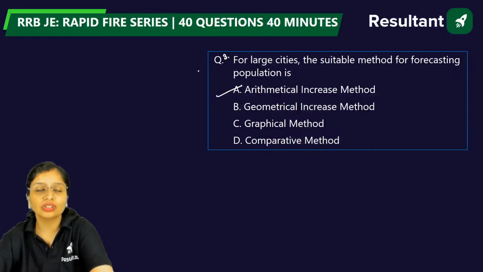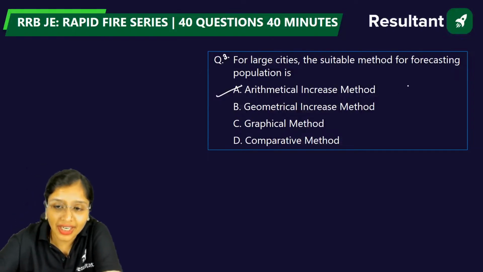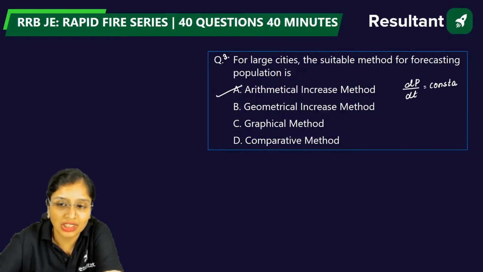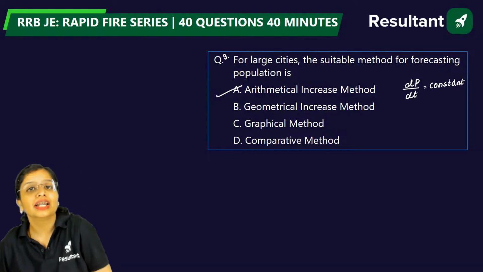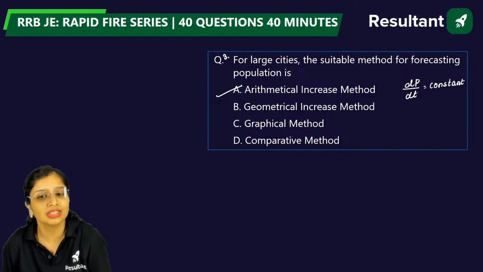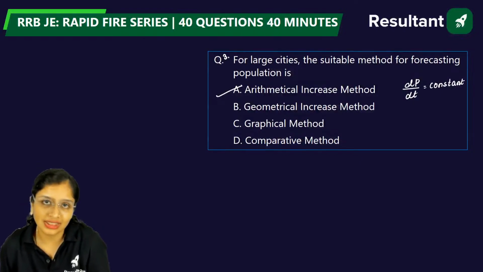And let me tell you, the assumption here is that the rate of change of population with respect to time is constant. When you are forecasting population for these cities, dP/dt, that is the rate of change of population with respect to time, is constant. So the answer is A.